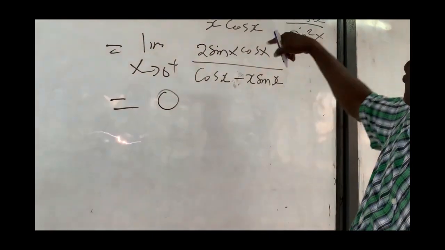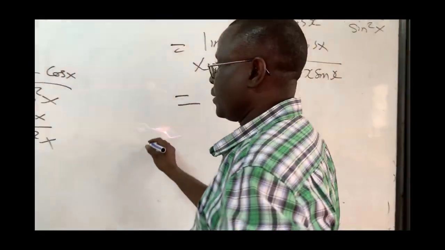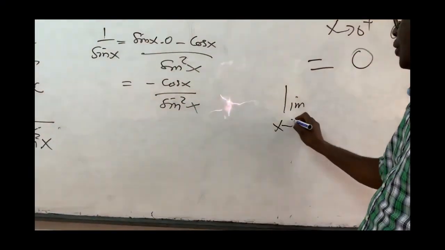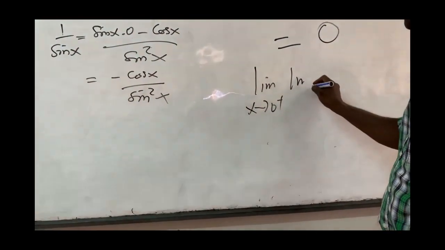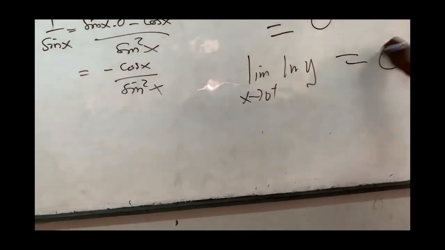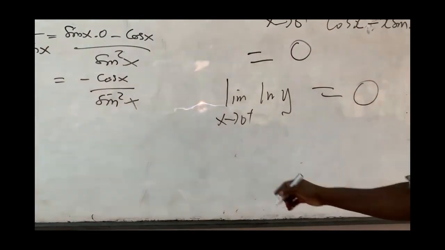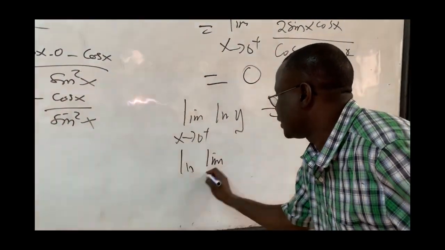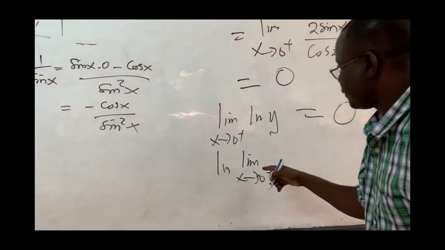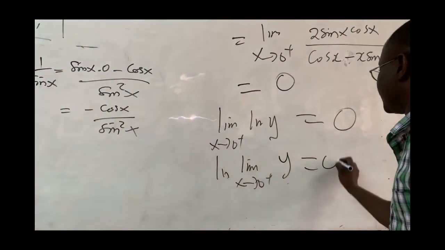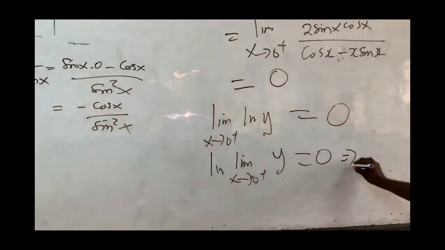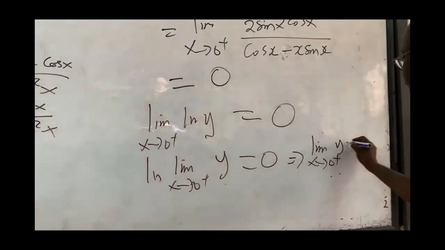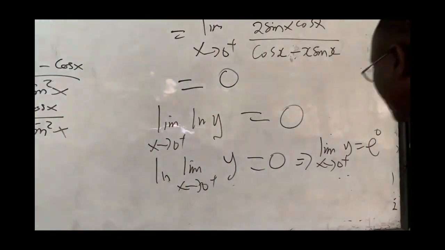Now, this is going to 0. What it means is that if you go all the way back, we said that the limit as x goes to 0 plus of ln y is equal to 0. So similar to what we did before, you can pull out ln. You have the limit as x goes to 0 plus of y is equal to e raised to the power 0, which is 1.